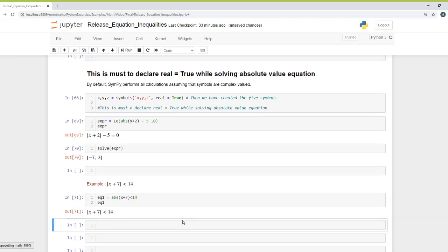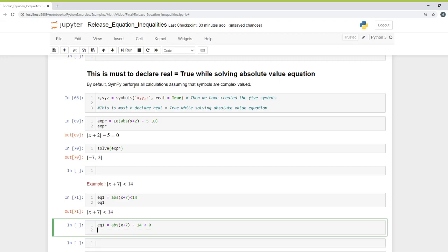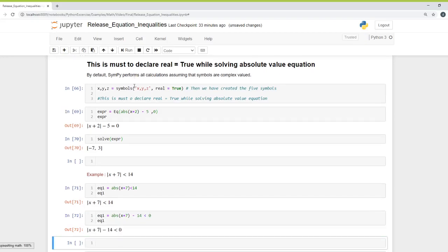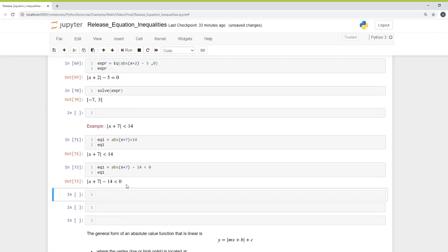So take this 14 to the left hand side. For that we create EQ1 is equal to the absolute value of x plus 7 minus 14 less than 0. EQ1. So this is our absolute inequality equation.